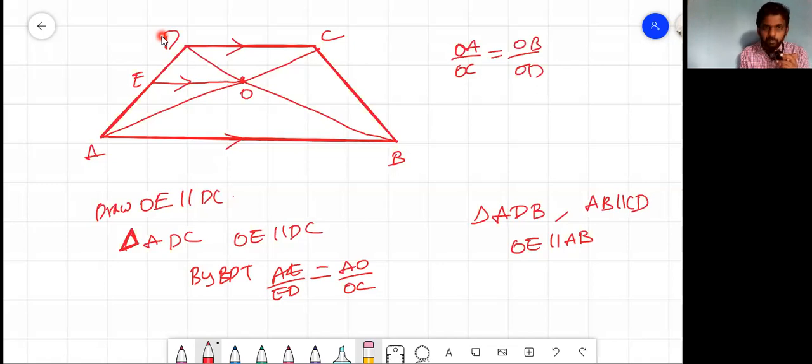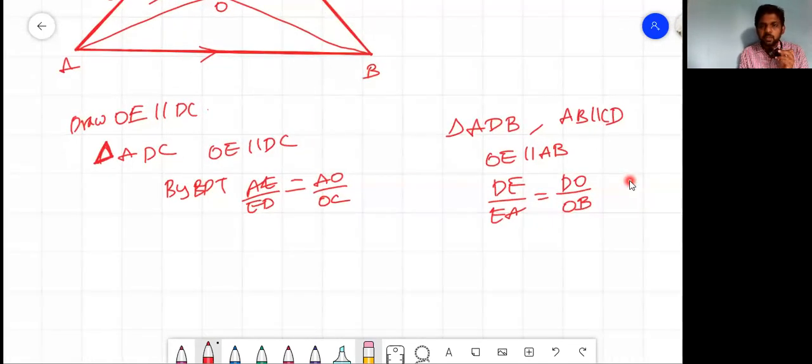So considering the triangle ADB, again, I'm having OE parallel to BA, which means DE by EA is equal to DO by OB by BPT. Right?